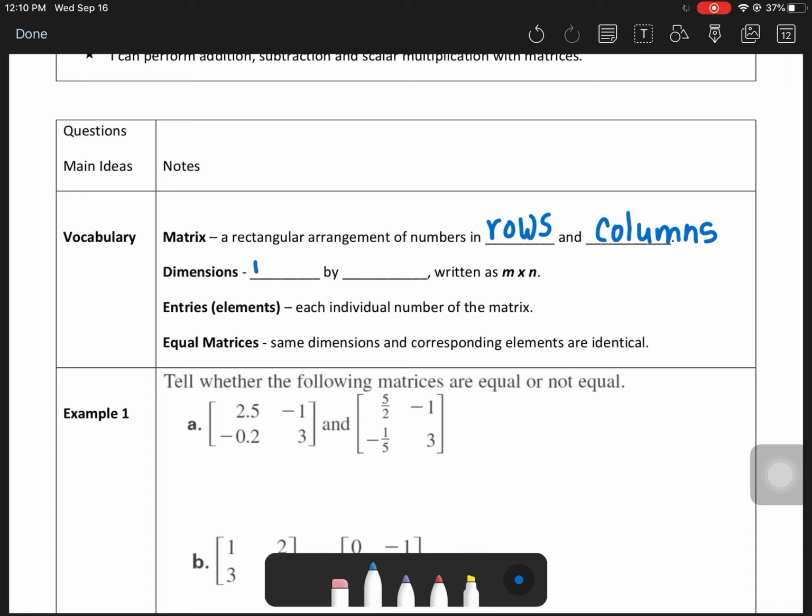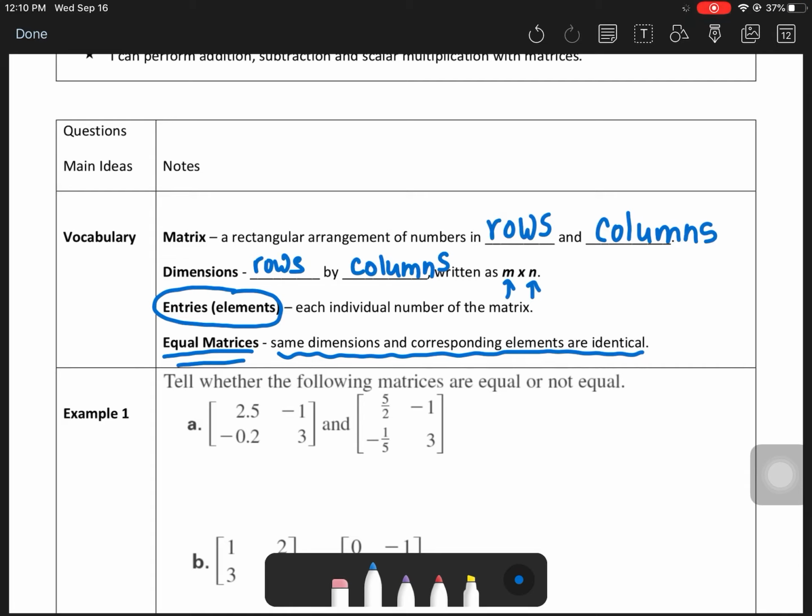It's rows first by columns. The rows are signified by the M, and the columns are signified by the N. Entries are elements, that is each individual number in the matrix. And equal matrices have the exact same dimensions, and their corresponding elements are identical.